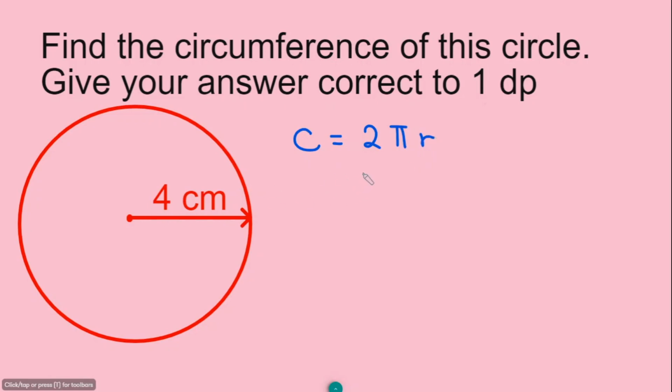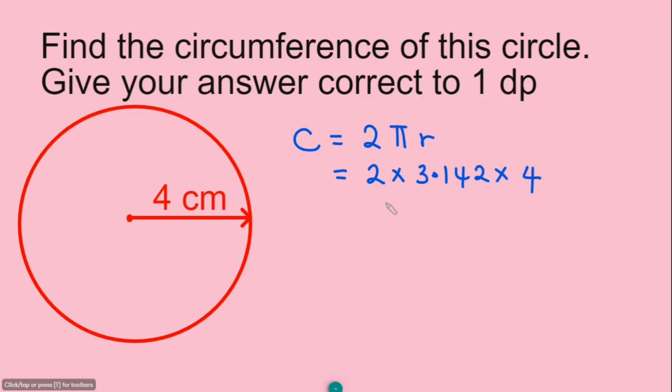All we need to do is substitute the values for pi and the radius, and work out the calculation. So we have 2, which is a constant number, times pi, which is 3.142, and times the radius, which we have here as 4 centimeters.